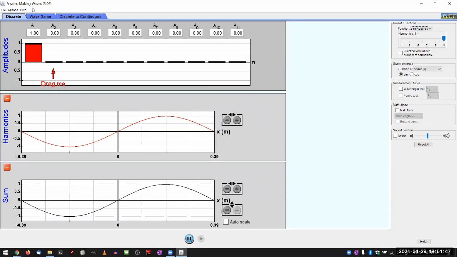So, a quick description of Fourier analysis. It's a way of representing any arbitrary repeating function in terms of components of a sinusoidal oscillating function. So here, I have a sine function that I'm trying to illustrate, and it can be illustrated by a sine function.